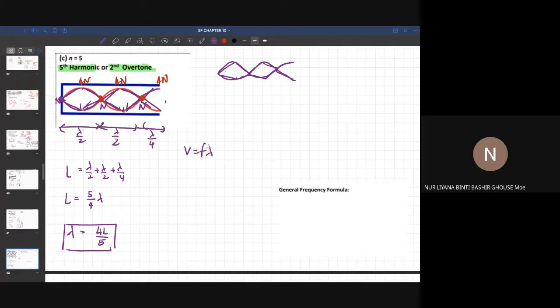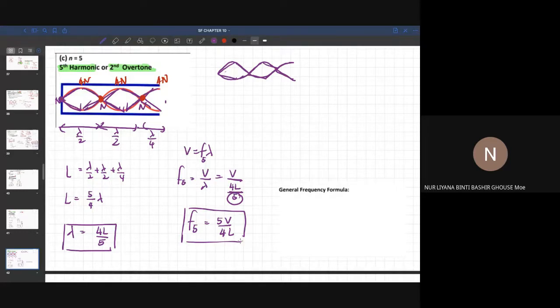So frekuensi yang ke-5 is equals to V over lambda, which is V over 4L over 5. So yang 5 ini kita akan bawa naik ke atas sebab dia bahagi over bahagi lagi. So frekuensi yang ke-5 is equals to 5V over 4L. This one is equation yang ke-5 untuk frekuensi yang ke-5.